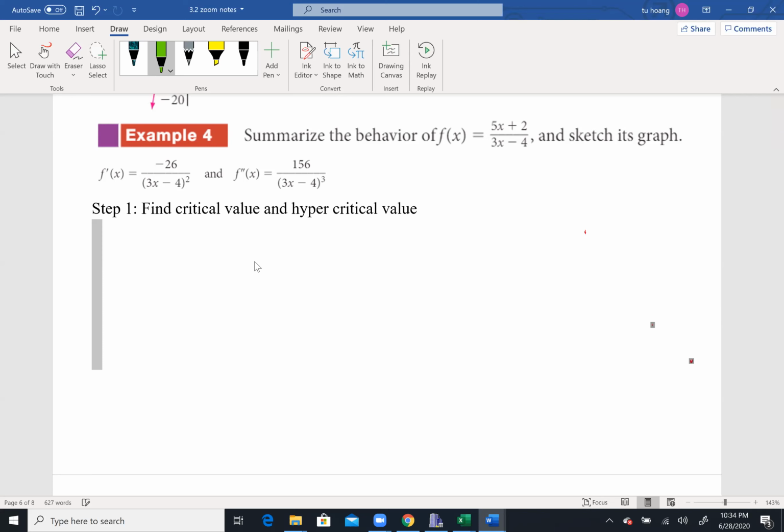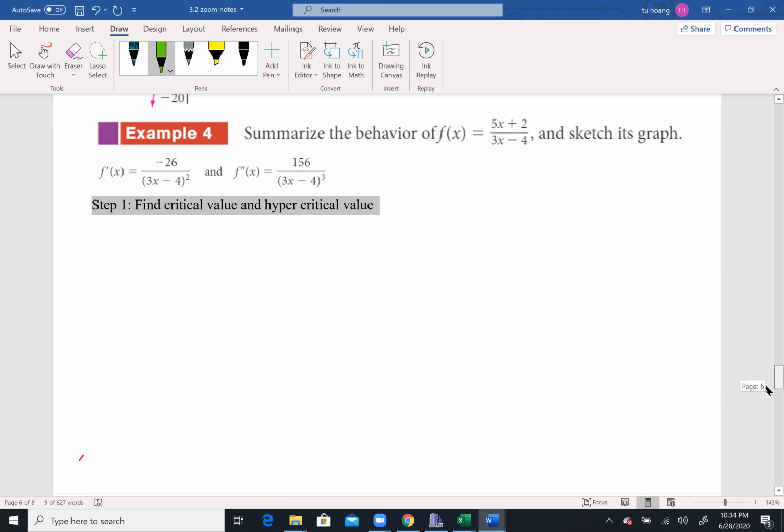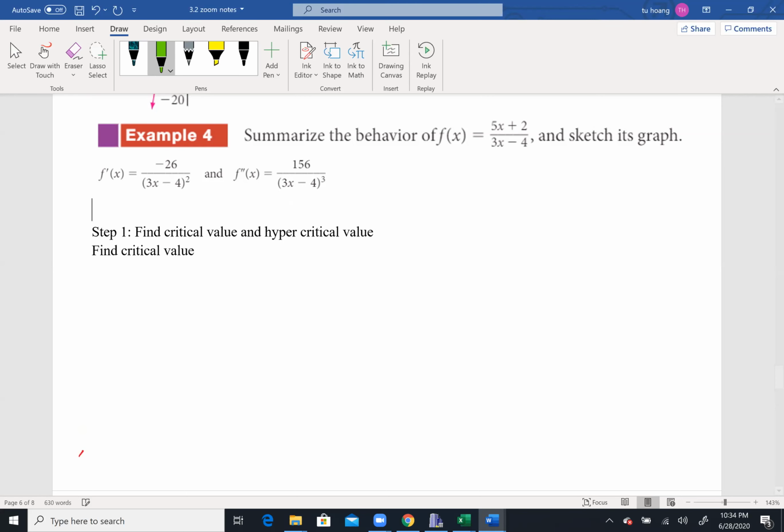You know this stuff. Okay, so like this small line. So now I'm going to find critical values, and for this, you need to state the domain first, right? Domain.